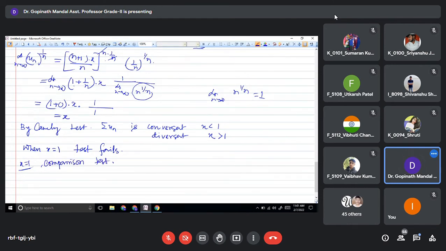We have un equal to what? (n plus 1) to the power n by n plus 1, that means un is 1 by n into ((n plus 1) by n) to the power n.